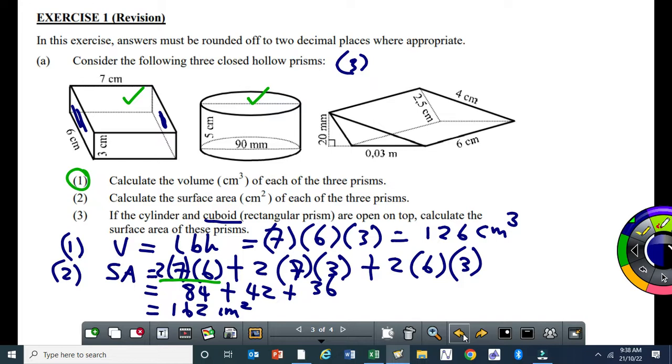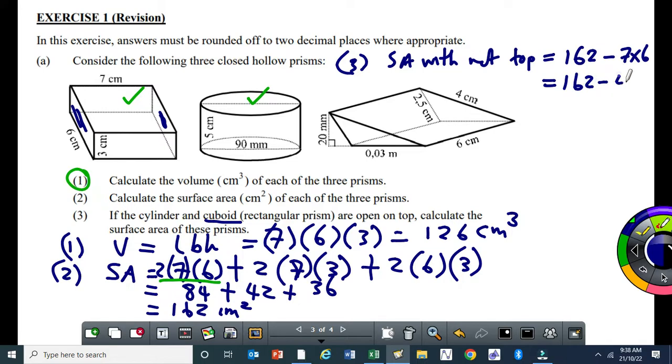So it's a surface area with no top. It's going to be equal to 162 minus 7 times 6. So that will give us 162 minus 42, and then you will get 120.